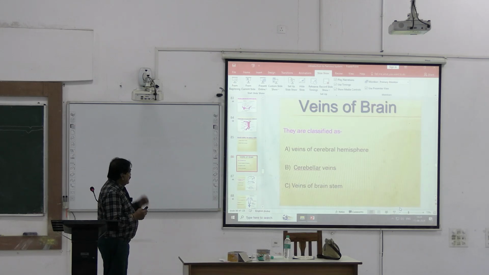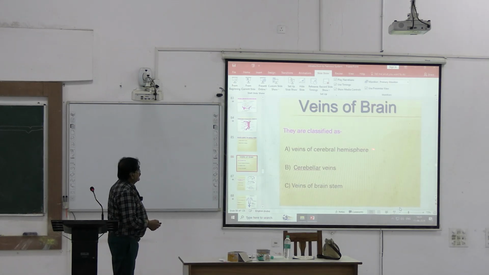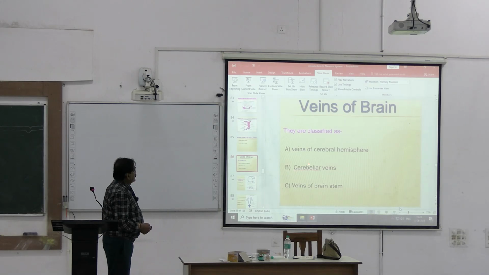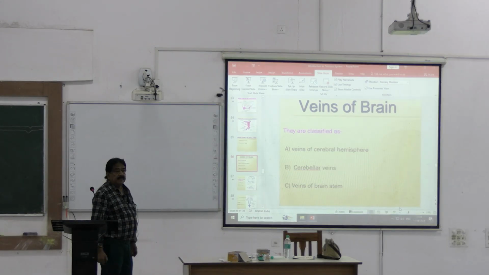Veins of the brain. They are classified as veins of the cerebral hemisphere, the cerebellar veins, and veins of the brain stem.